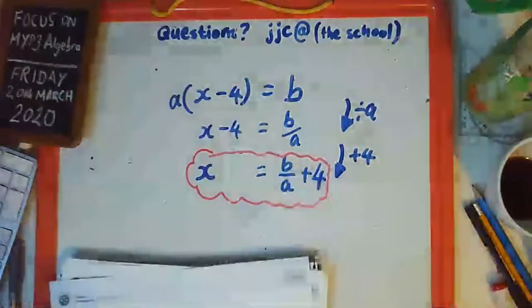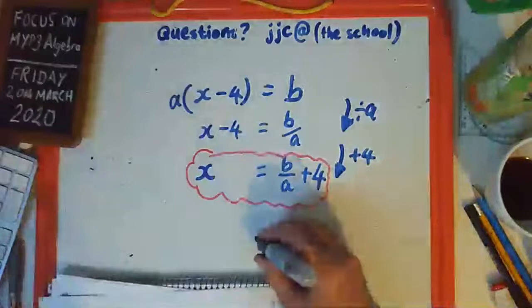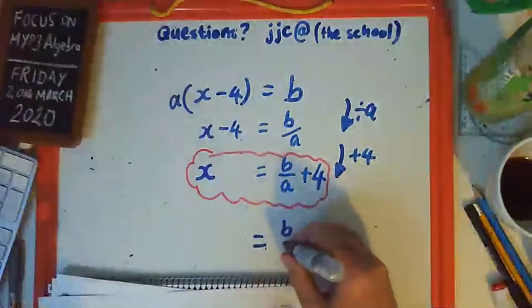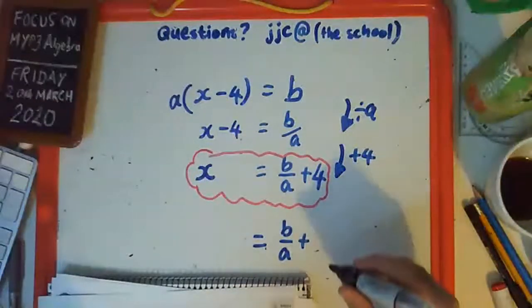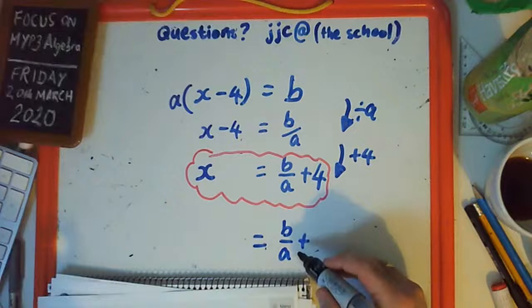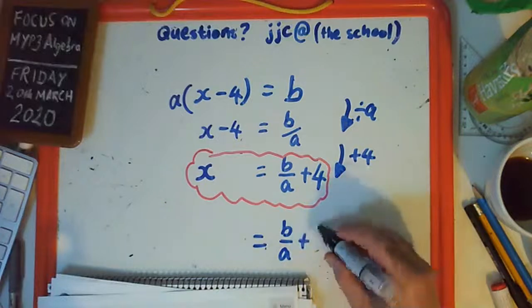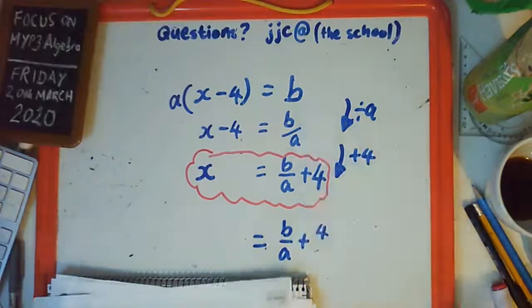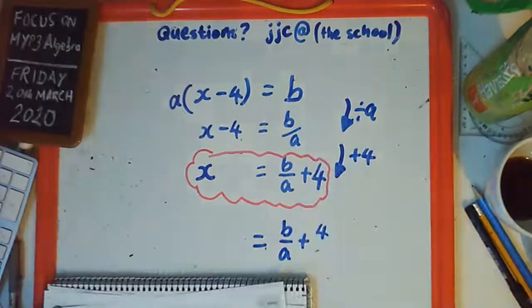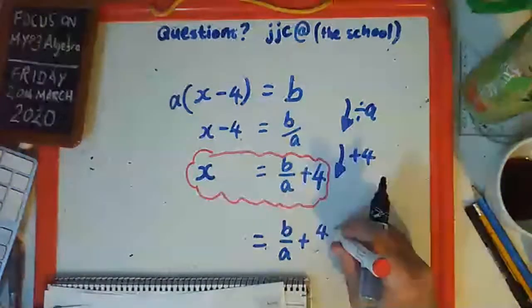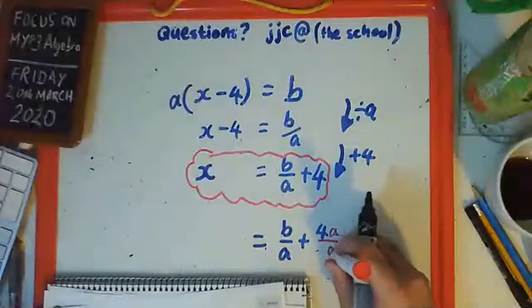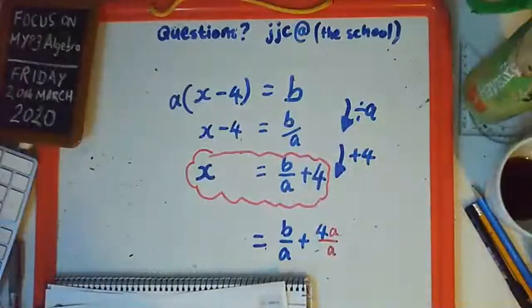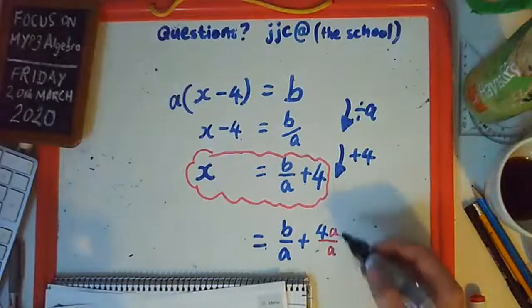If I wanted to write that the other way as a single big fraction, then what I would have to do is say, okay, so b over a plus 4 is the same as b over a plus 4 times a divided by a. So I kind of multiplied by a over a, which is just like multiplying by 1.